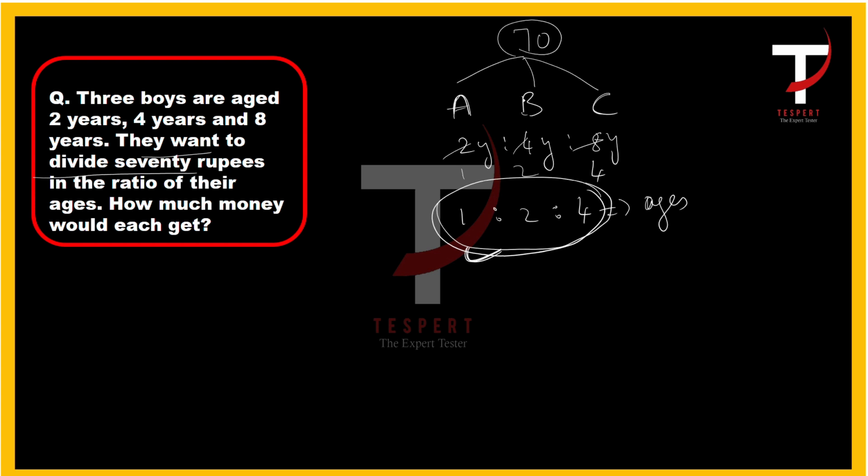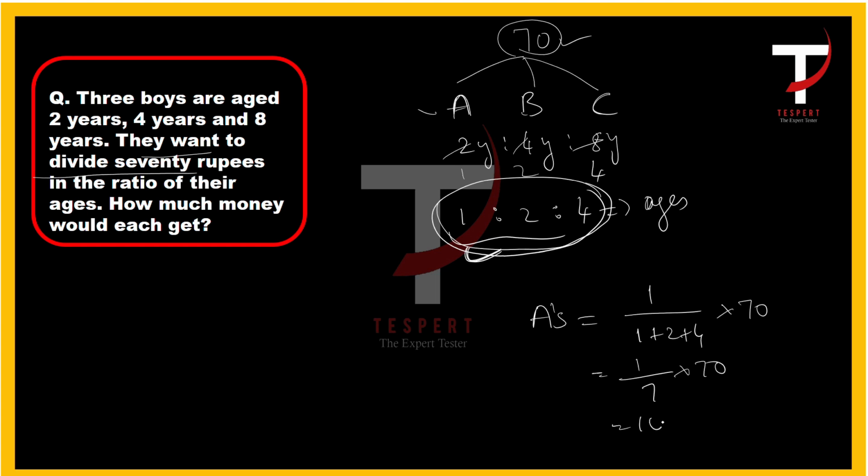So what is A's part? A's part is 1 by total number of parts, that is 1 plus 2 plus 4, total, right? 1 plus 2 plus 4 into, what is the total quantity here? 70, right? So 1 by 7 into 70, which is equal to 10.